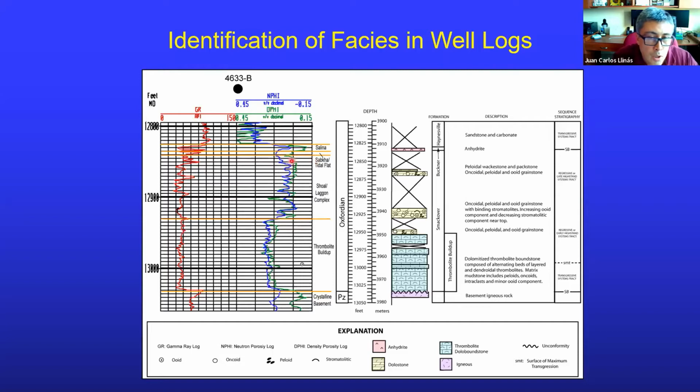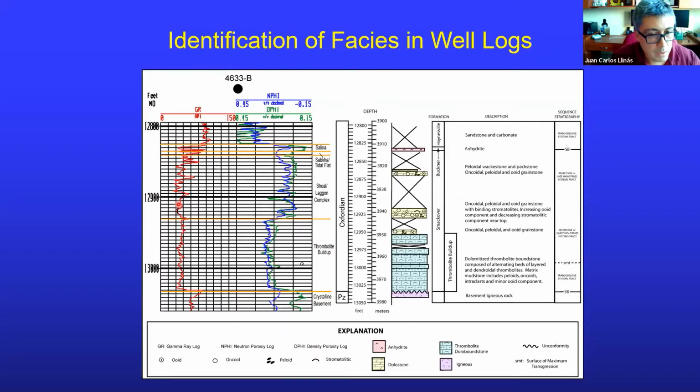So with the patterns that you see in these curves, in this stratigraphic order in which we see the sub-environments, it was not that complicated to figure out the depositional sub-environments. Always the thrombolite showed an increase, obviously, in the density and neutron porosities, and rather low values in the gamma.